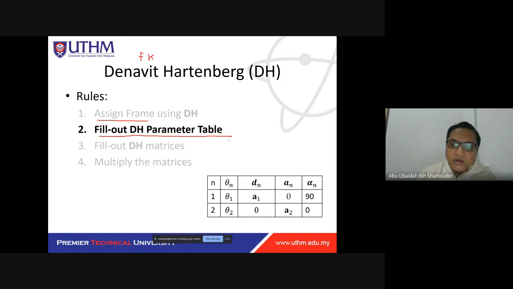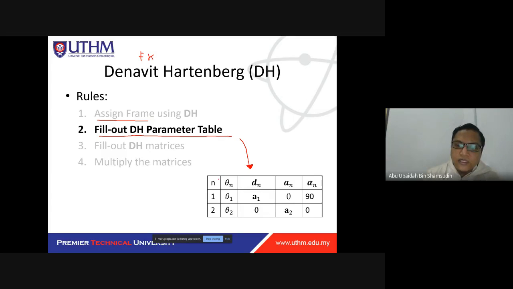So based on this table, we can get the forward kinematics. So this part is a little bit tricky. So I would like to have a discussion, or if you have any question, you can just directly ask me during our class.